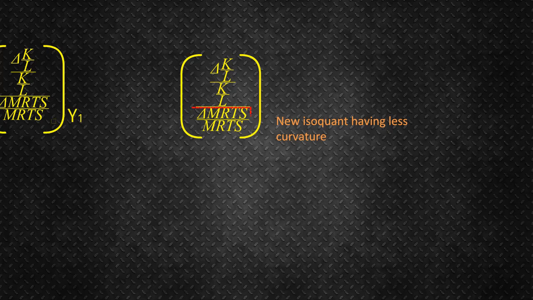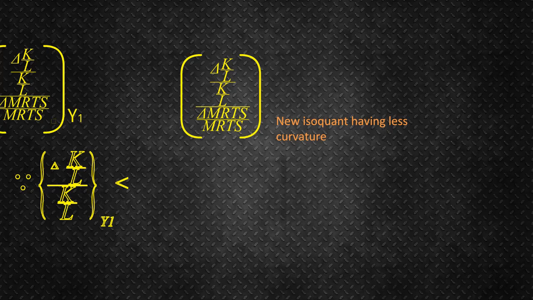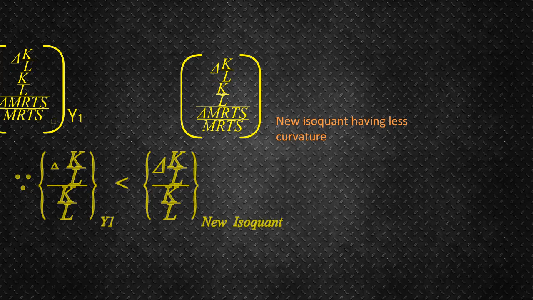Now the denominators are the same in both cases, but the proportionate change in capital labor ratio for the initial isoquant, having comparatively more curvature, is less than that for the new isoquant, having comparatively less curvature.